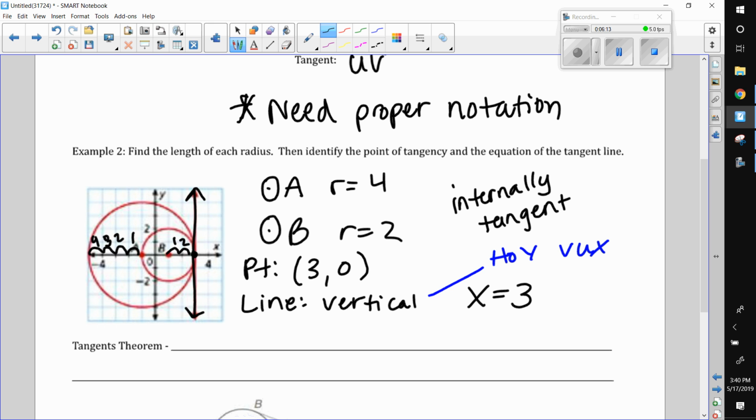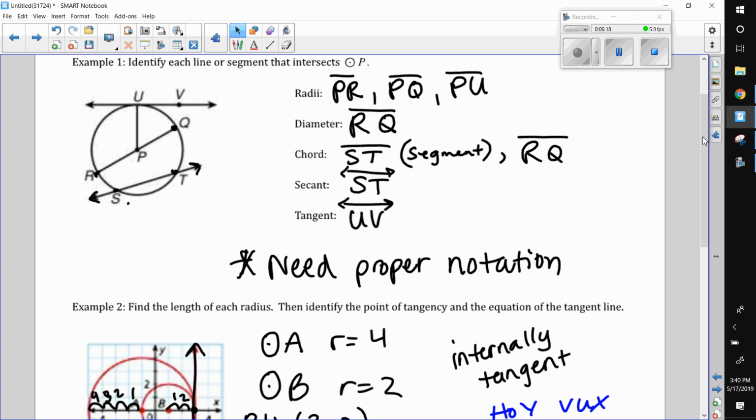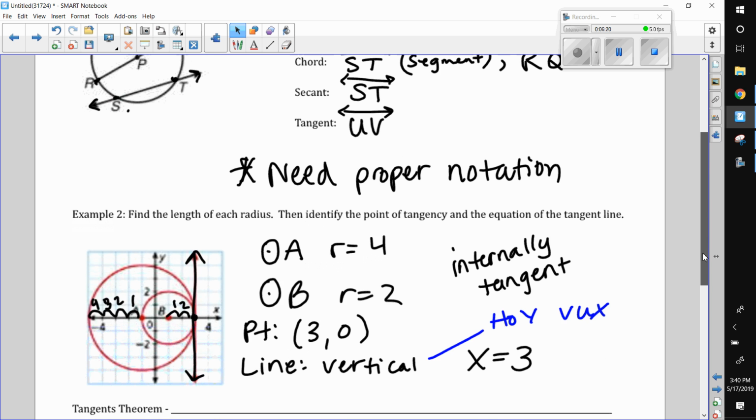Okay, and last thing, just a theorem about tangent lines to your circle.